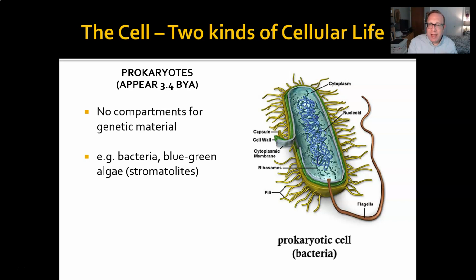Some of them had added little things like a flagella, which helps it move, or little pili, which help it sense its environment. But basically, inside of the cell, you've got all the mechanisms of the cell, all the things the cell needs to maintain life, all together in one sack. So the DNA and everything else is all together.